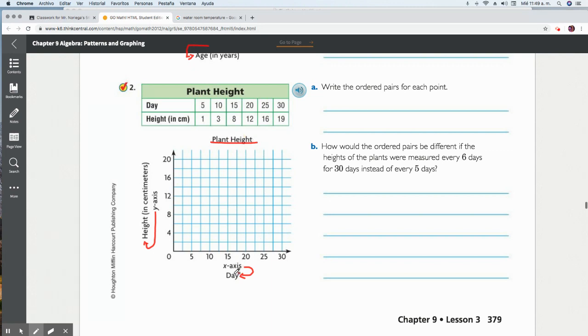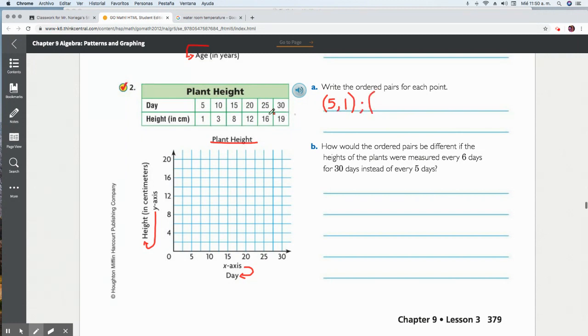So for the x-axis, we want to start with the day. The first number for our first ordered pair would be 5, and then the second number would be how tall the plant was on day 5, which is 1. So 5 comma 1 would be our first ordered pair.